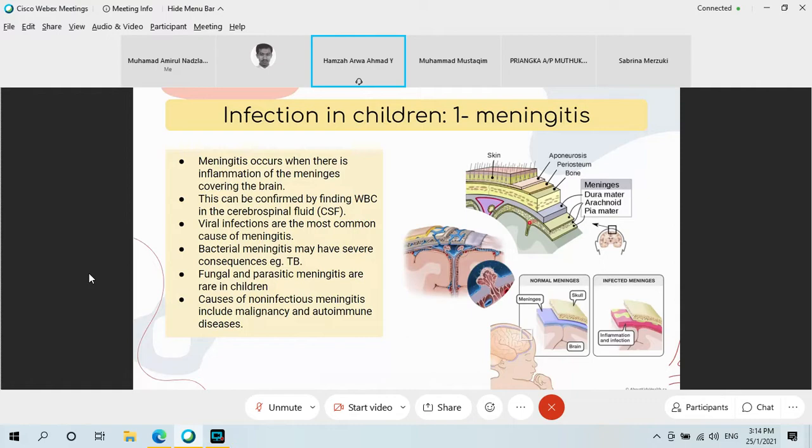Tuberculous meningitis is rare in countries with a low TB prevalence. TB meningitis mainly affects children under 5 years of age. Fungal and parasitic meningitis are very rare in children, and non-infectious meningitis is commonly seen in malignancy and autoimmune disease. Next slide.